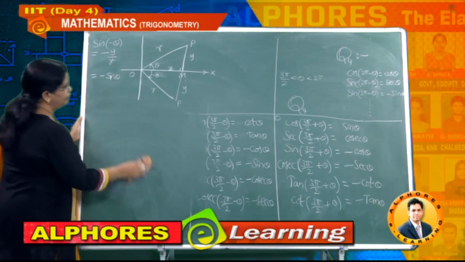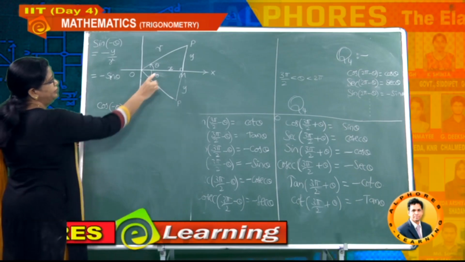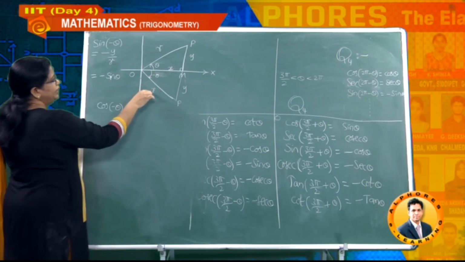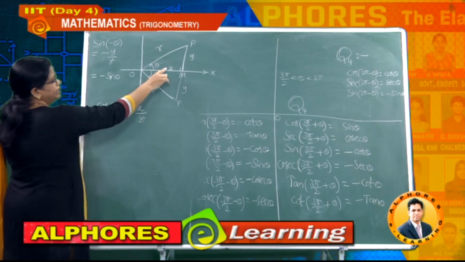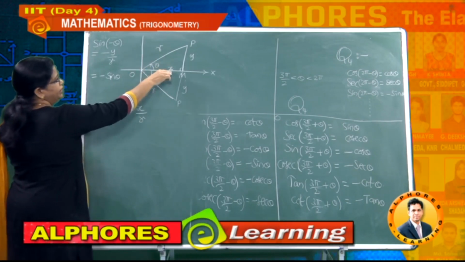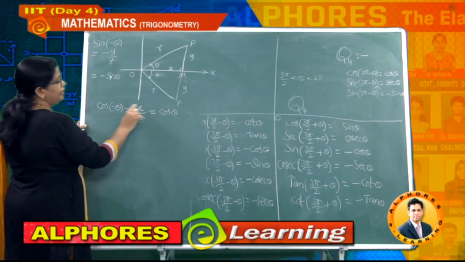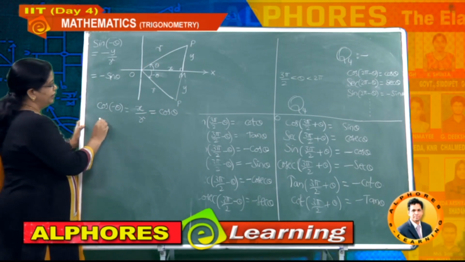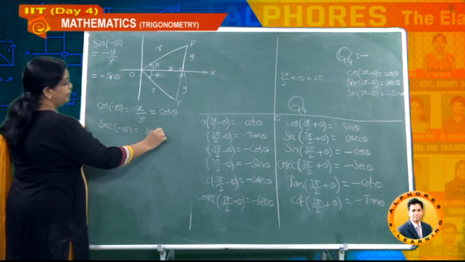Similarly, if I take the cos value, cos of minus theta, what is the value? Adjacent side divided by hypotenuse, that is x divided by r, and x by r is nothing but cos theta. So you got cos of minus theta equal to cos theta. Similarly, secant of minus theta equal to secant theta.